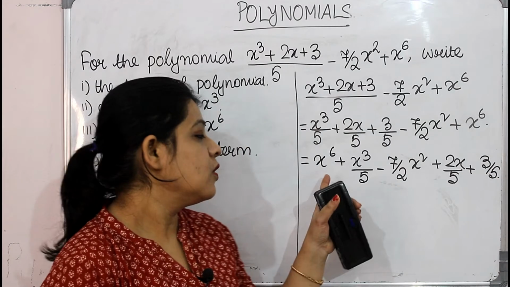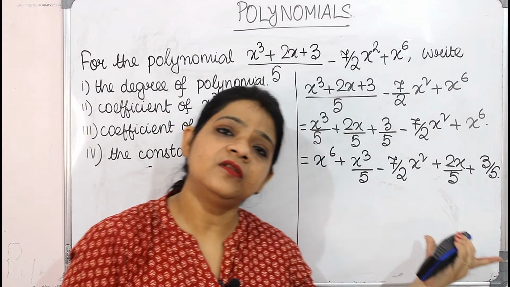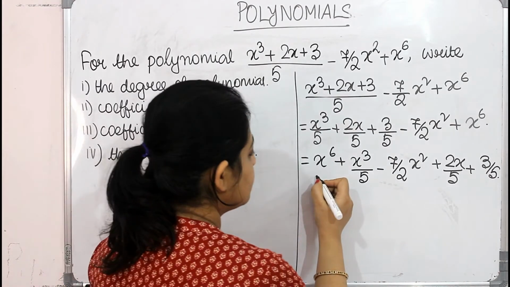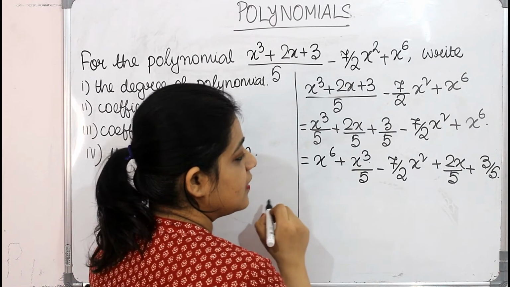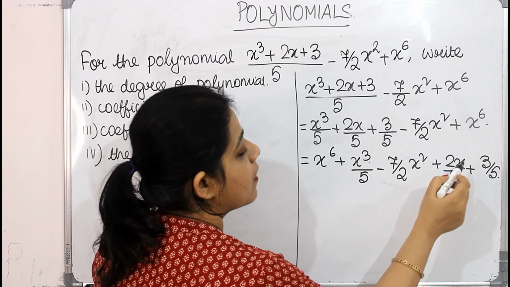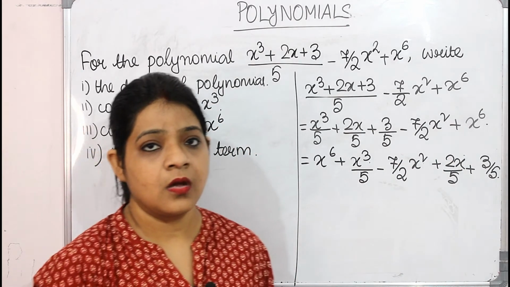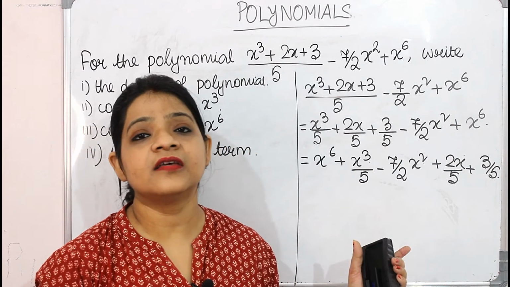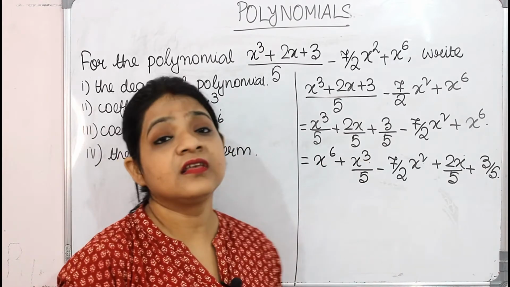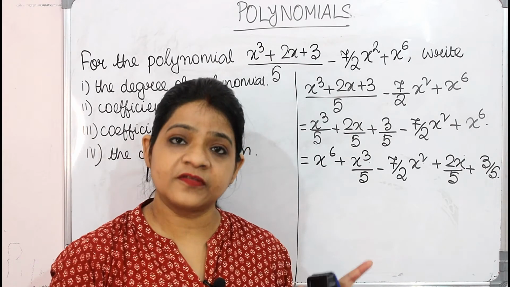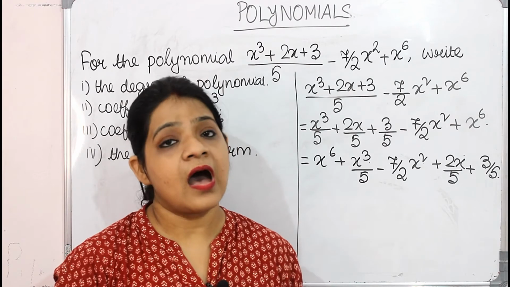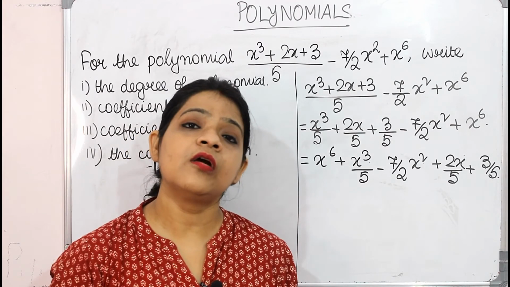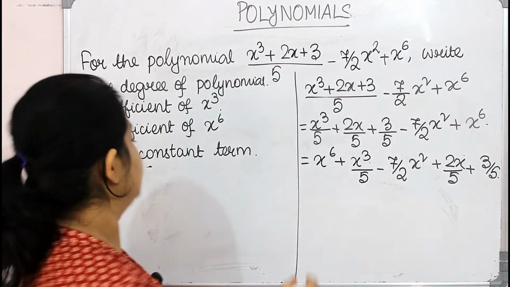Okay, so here what are the powers? 6, 3, 2, 1. Which one is the highest power? Obviously x to the power of 6, that is the highest power. So the degree of the polynomial will be 6.